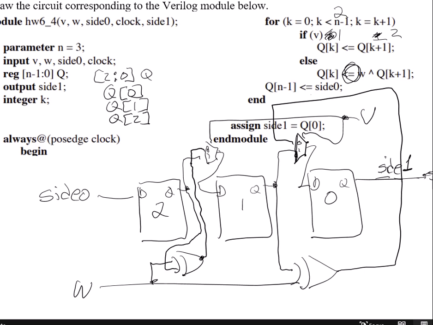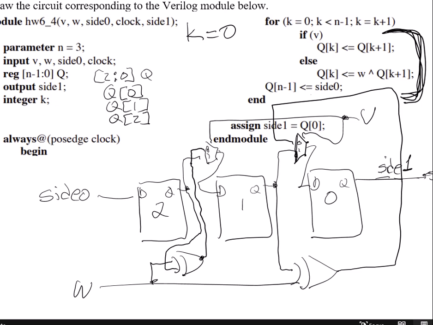Other questions? How do you know which data goes into the 0 or the 1? Okay, so I'm going to look at the situation where it's my first time through the for loop. My first time through the for loop, k is 0. So when I'm looking at this group right there, k is equal to 0.